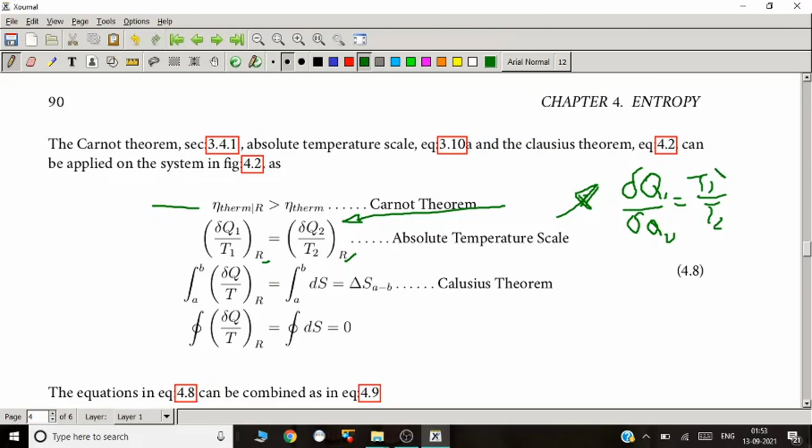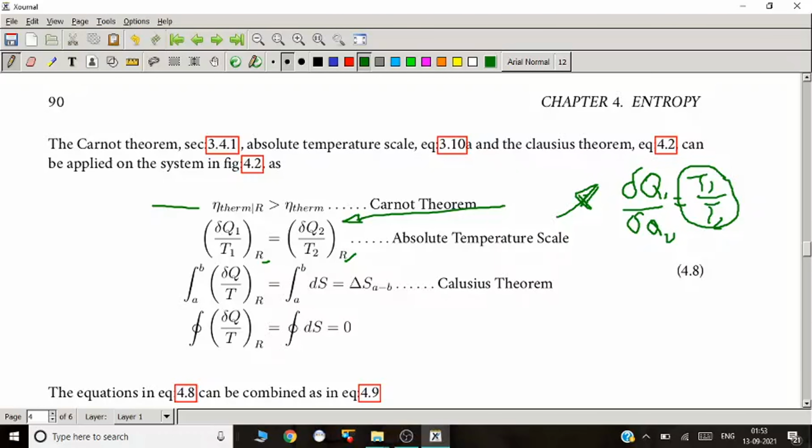The scale should satisfy the condition that for any reversible cycle operating between two fixed source and sink, the ratio of heat supplied should be equal to the ratio of the temperatures.